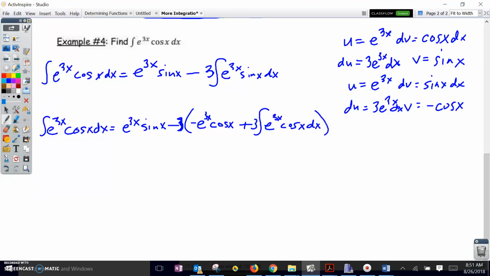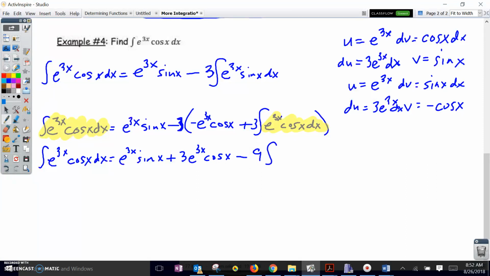Alright. Now, I have my matching integrals that I want. But before I start doing the algebra here, I'm going to actually distribute this stuff out. So I've got integral of e to the 3x cosine of x dx equals e to the 3x sine of x plus 3 e to the 3x cosine of x minus 9 integral of e to the 3x cosine of x dx.